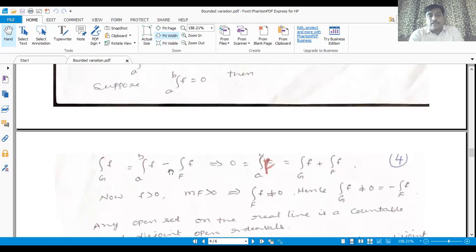If any one of them is not equal to 0, then definitely the integral of f over G is not equal to 0 minus the integral of f over F.